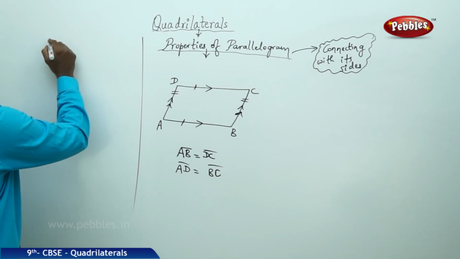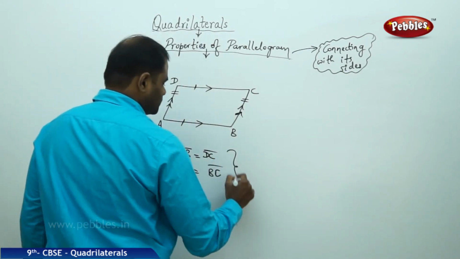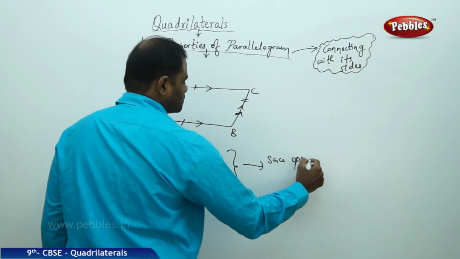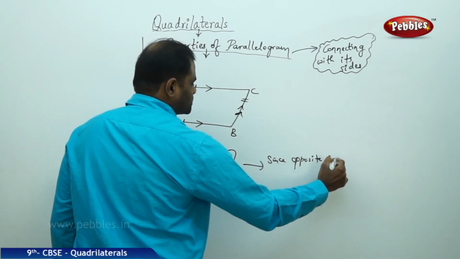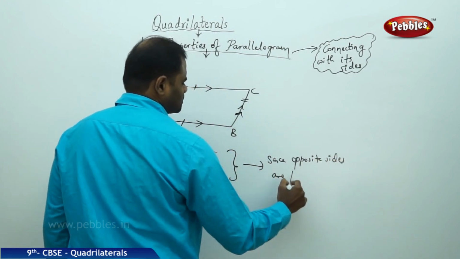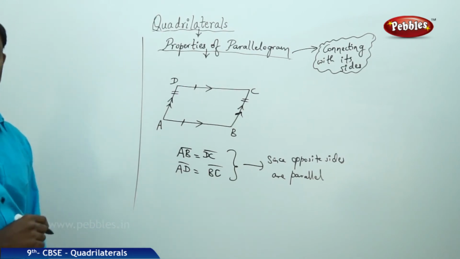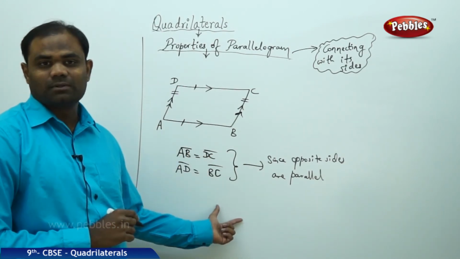So here, the reason being that since opposite sides are parallel, therefore the opposite sides must be equal.